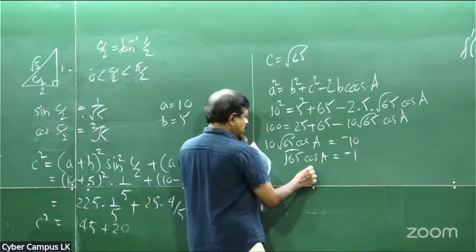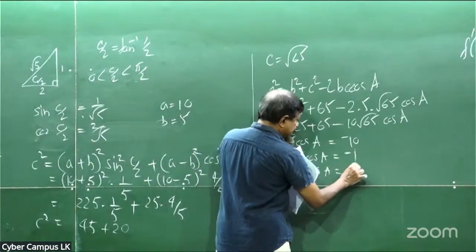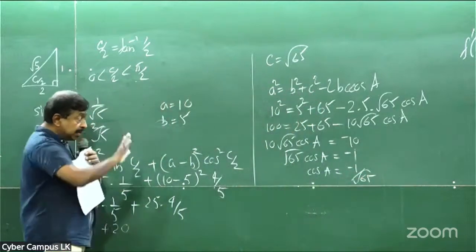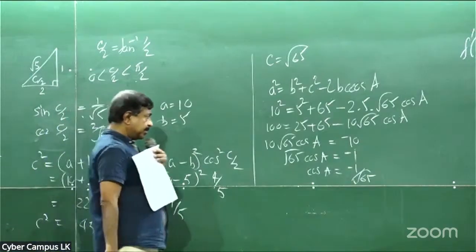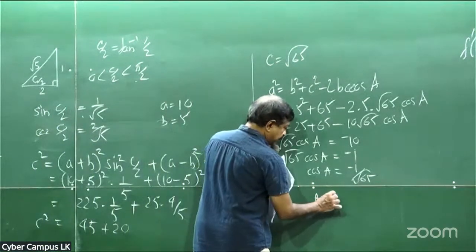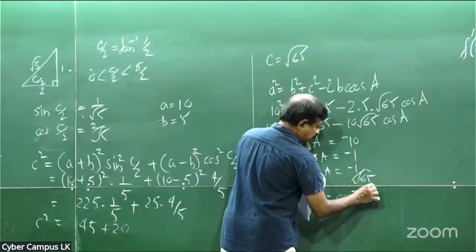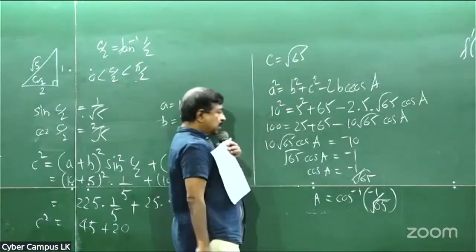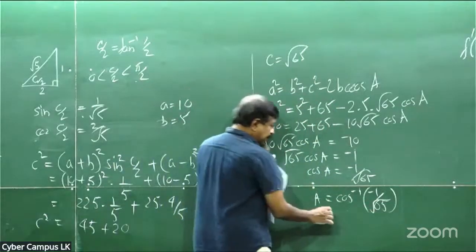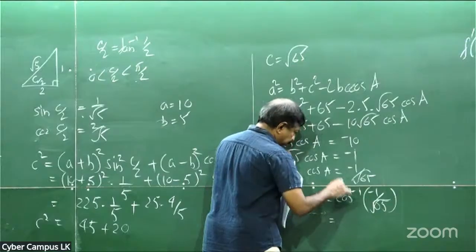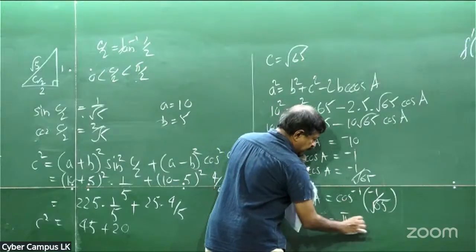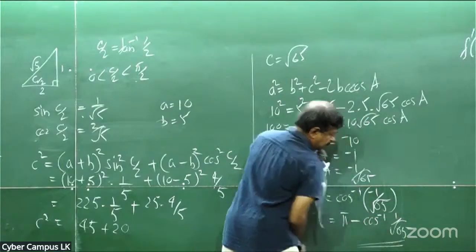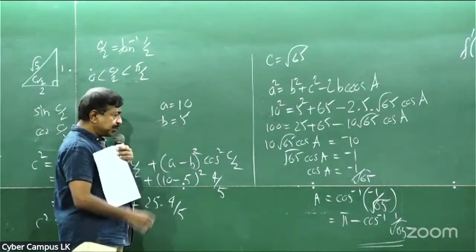So cos A is minus 1 over square root 65. I mean, you can have something like that. It means the angle is greater than 90. If you have cosine inverse of a negative value, it is 180 minus cosine inverse 1 over square root 65.